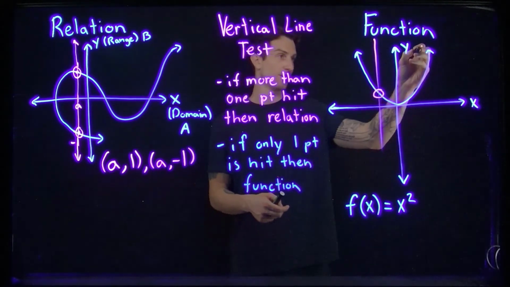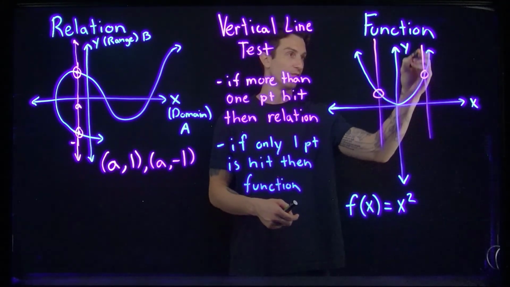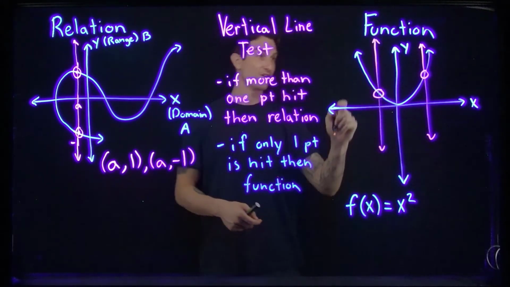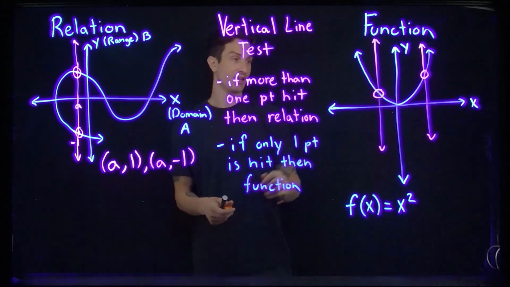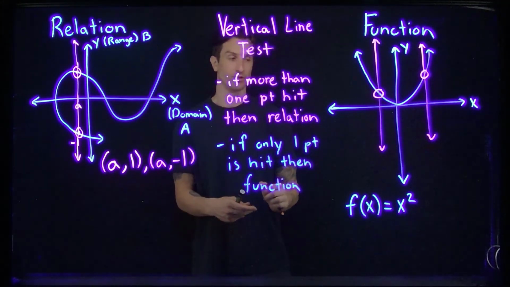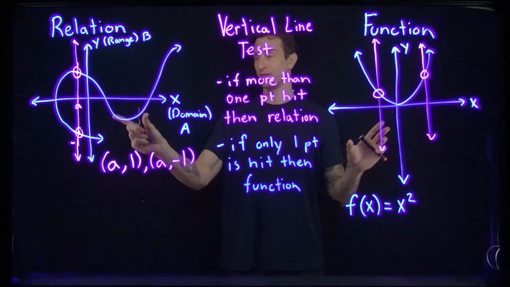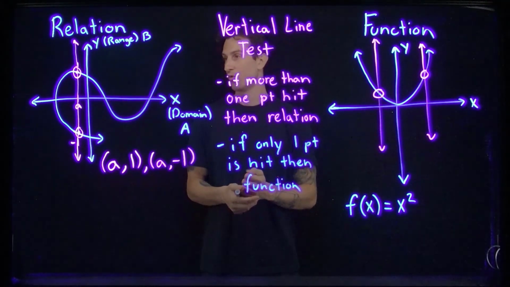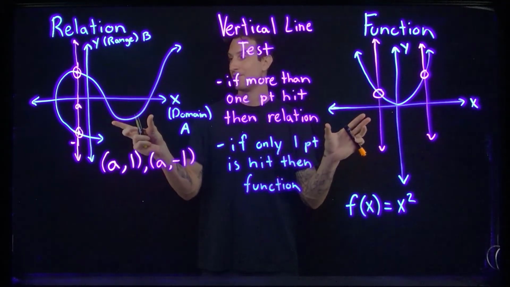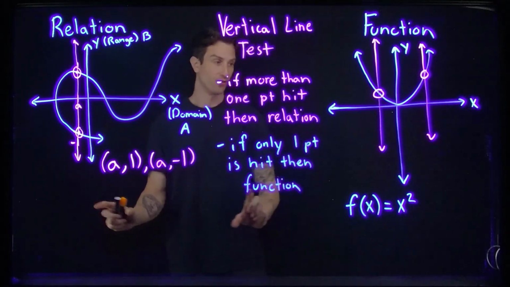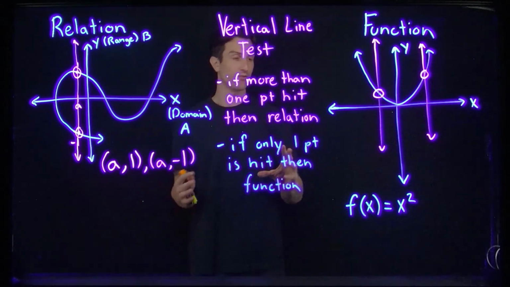I draw another random one, I'm only going to hit 1 point. So no matter where you draw your vertical line, you will only hit 1 point. And if that is the case, then we know we have a function. So we've seen it graphically as far as an xy plane. We've seen it in table form. We've seen it in blob form. And we've also seen it in roster form where it's in that set form. So those are the 4 different forms you'll see.